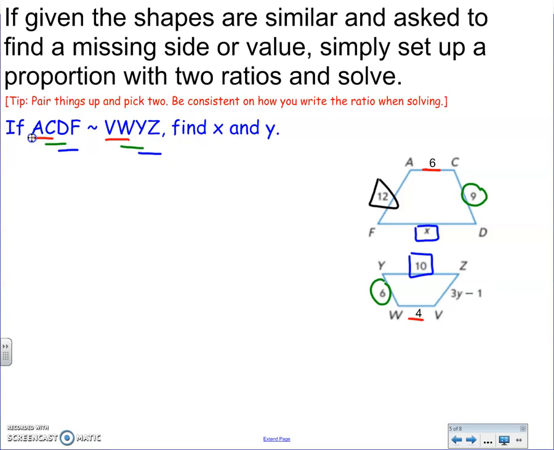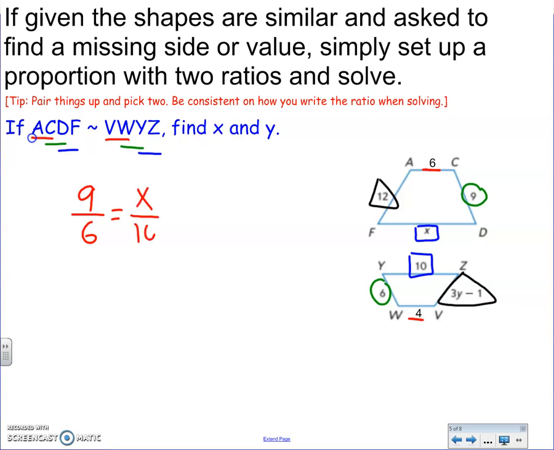I like pairing shapes up. We're going to do two pairs, so pick any two shapes. Just make sure you're solving one variable at a time. You can't have X and Y. So I'm going to do the green pair, 9 over 6. Then let's do the blue pair. Since I chose 9 from the top picture, I'm going to do the top blue thing first.